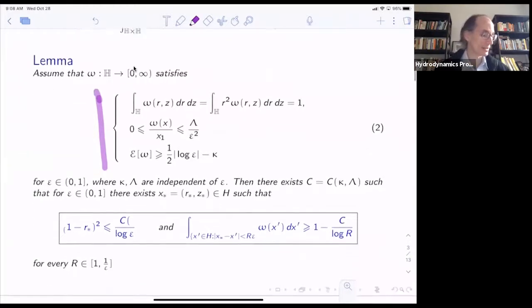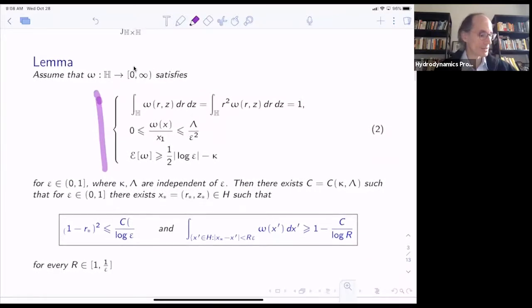The conclusion is that there exists some point x star such that the vorticity concentrates around x star. For example, if I take capital R, epsilon to the -1/2, this would say that in a ball of radius square root of epsilon around the point x star, all but constant over log epsilon of the vorticity is found within that ball.